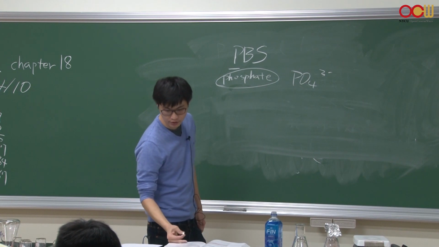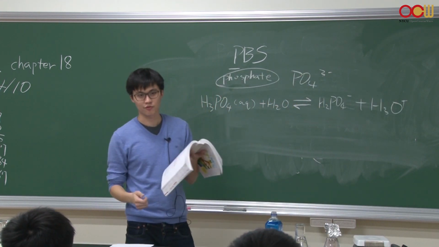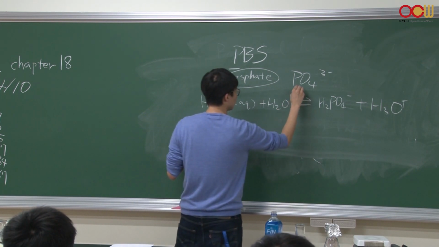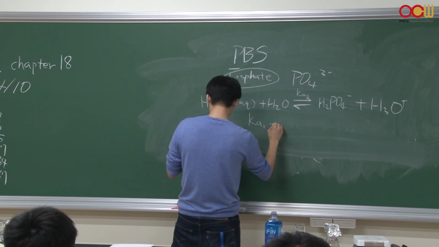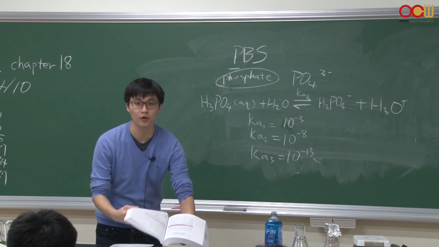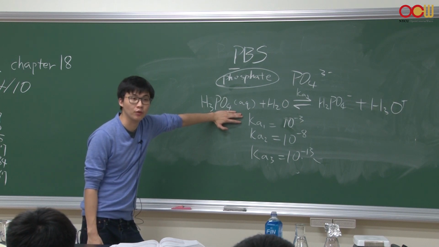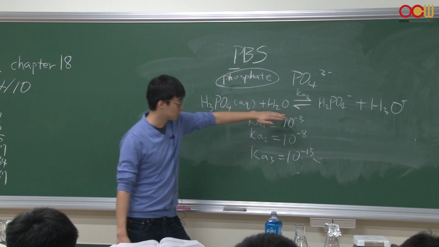If you look at your page 813, I'm not going to waste time writing down all of these equations. But you can look at the Ka1. I just want to point your attention: remember the previous discussion, the larger the K, what does it mean? It's going to be more on the right side, right?